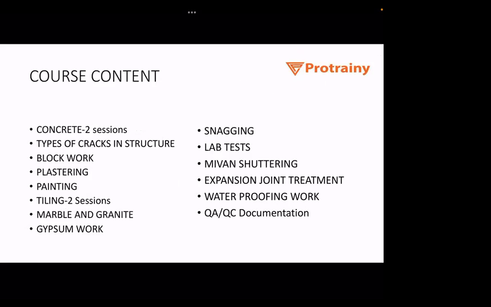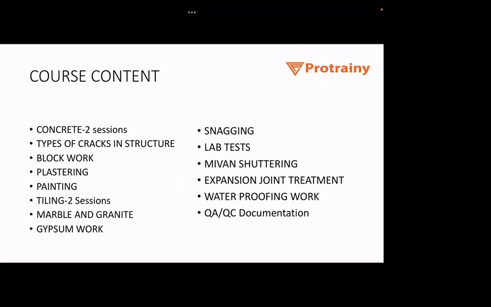So the course content coming up in my next classes: concrete. Probably I'll have 2 sessions and go into detail with concrete. Then types of cracks in structures. There are a lot of different types of cracks in structures.